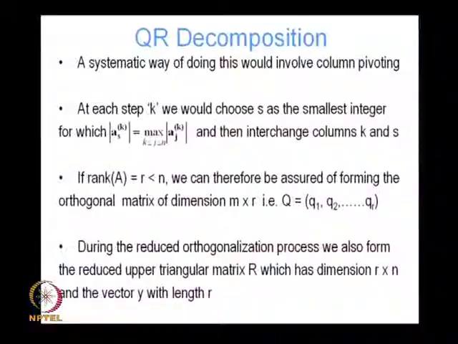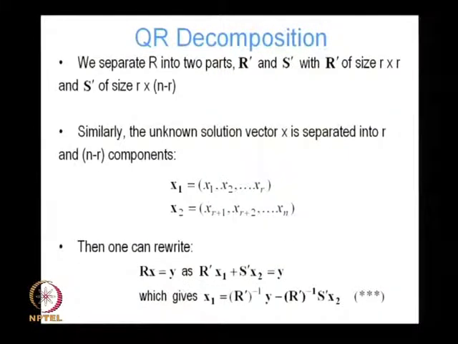During the reduced orthogonalization process, we also form the reduced upper triangular matrix R, which has dimension r by n, and the vector y with length r, using the same procedure that we talked about earlier.